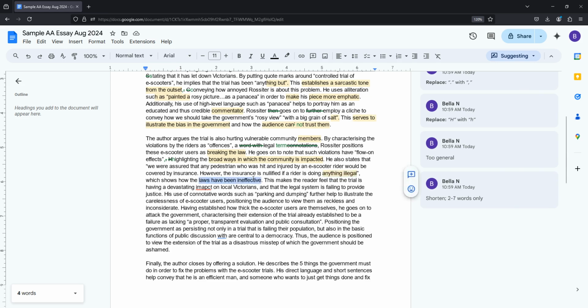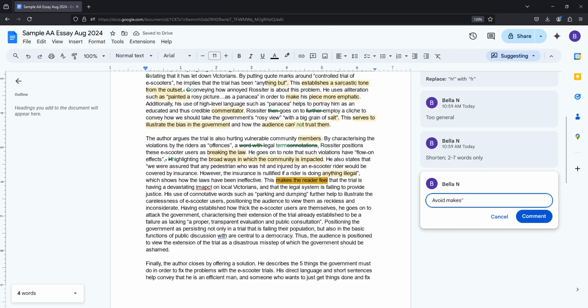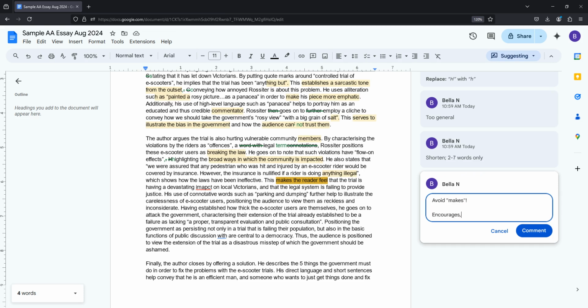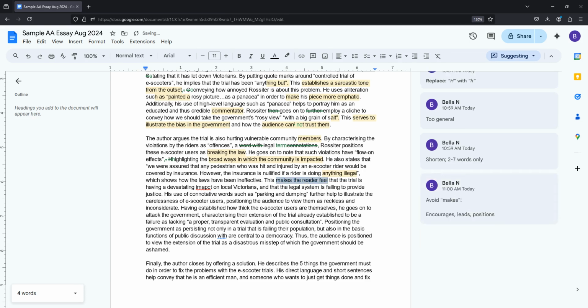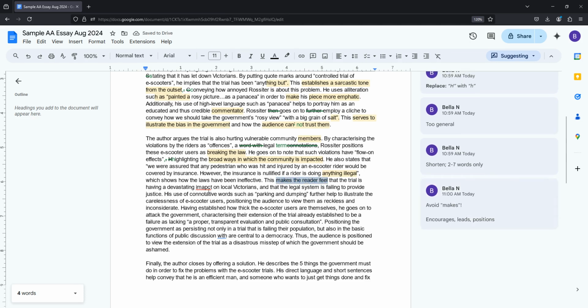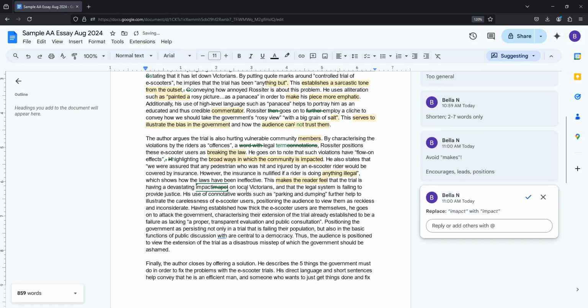Okay, not terrible analysis. "This makes the reader feel": again, avoid "makes". Use "encourages", "leads", or "positions the reader to feel" instead, that the trial is having a devastating impact on local Victorians and that the legal system is failing to provide justice.